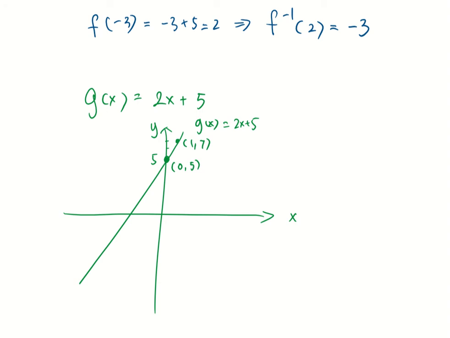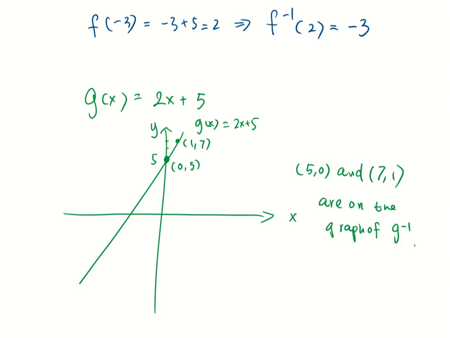From here we can conclude that since 0, 5 is on g, that means 5, 0 will be on the inverse of g. Similarly, 7, 1 will also be a point on the graph of the inverse of g.